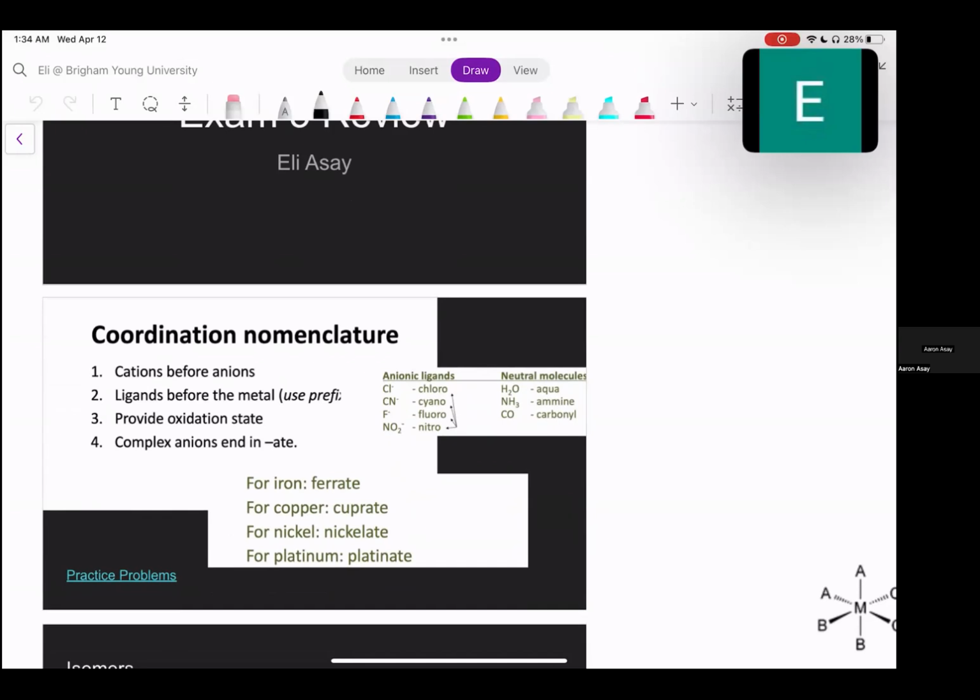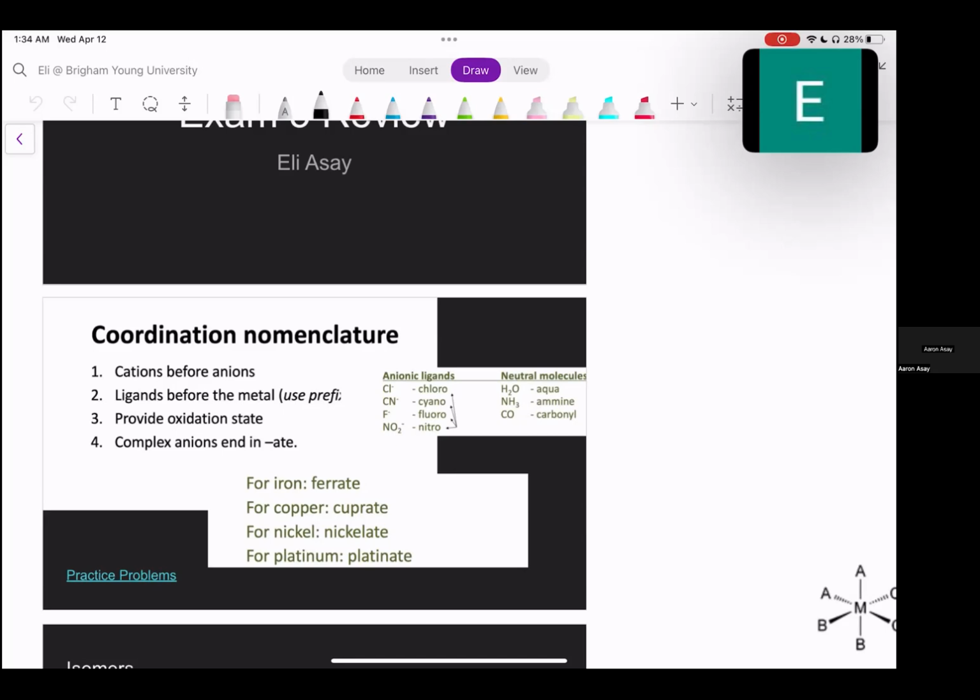Right there to the side, I have some of those ligand names, and then you'll have to do the number prefix before them. You're going to provide the oxidation state, and then at the end, if you're adding the anion and it's a complex anion, you're going to add -ate to it. There are a couple of examples there. Iron is going to be ferrate, copper, cuprate, and so on.